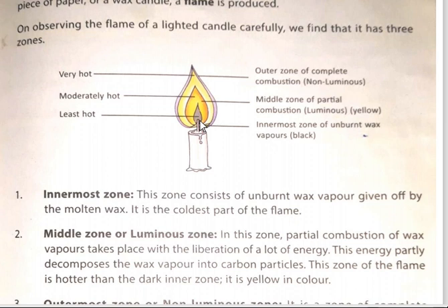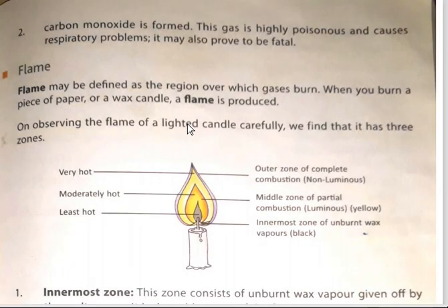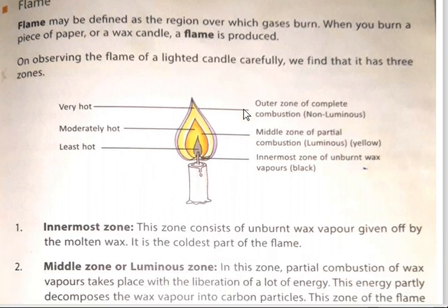It produces a moderate amount of heat compared to the other zones, because there is partial combustion. And why is there partial combustion? The partial combustion is due to insufficient supply of air.